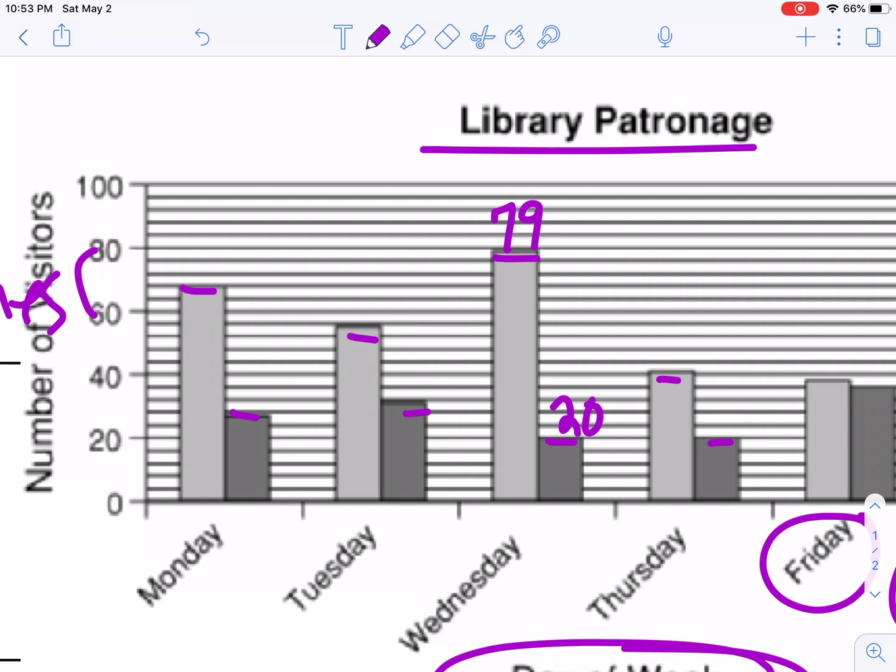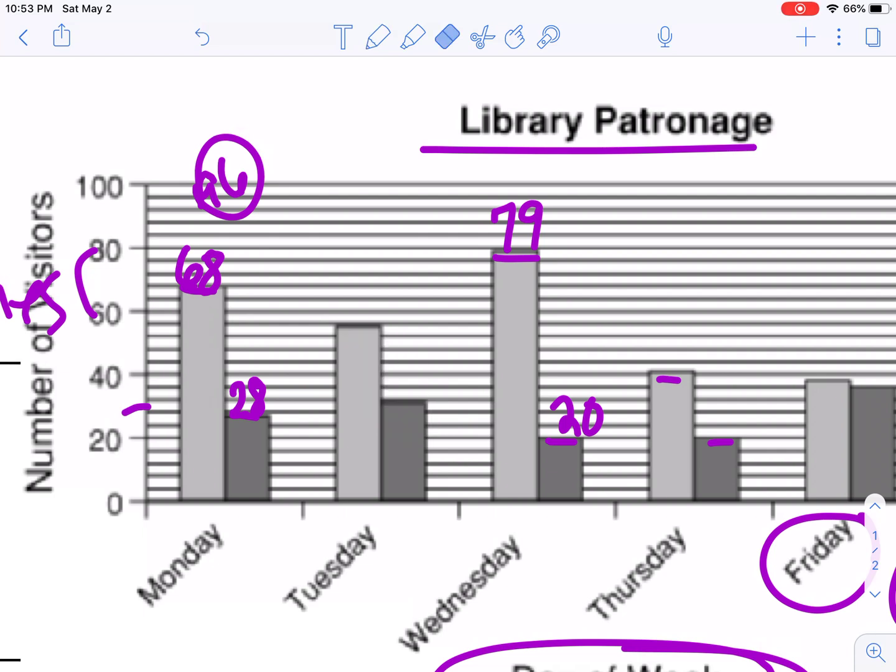Let's call this 68. And let's call this one 20. We're looking at about 28 here, because halfway would be about 30. So 68 plus 28, we had 96 people show up on Monday.